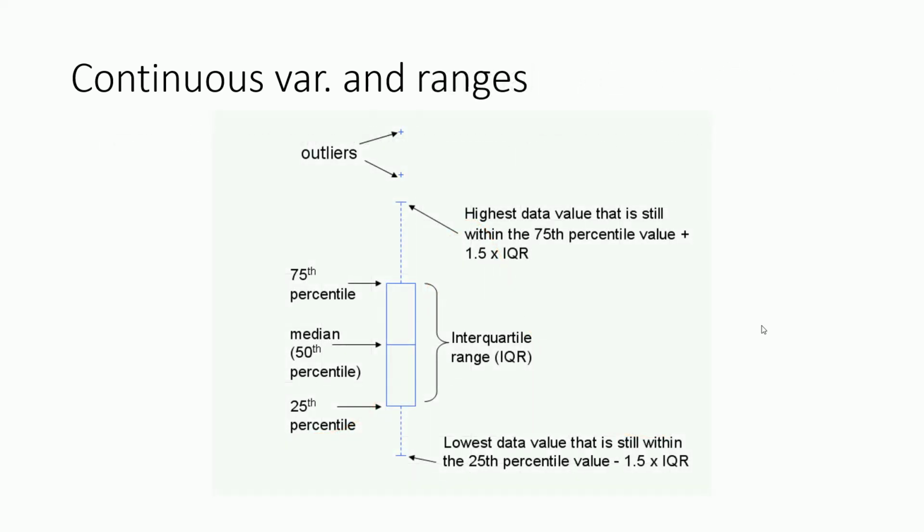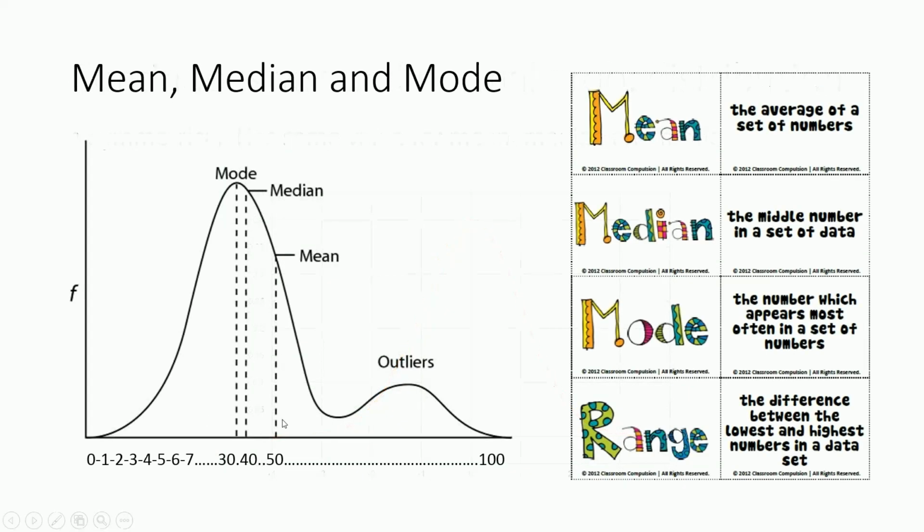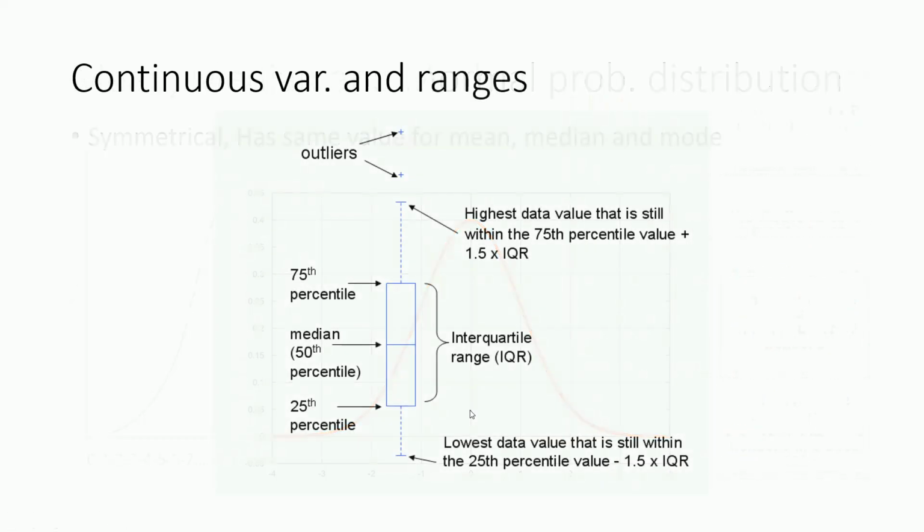One of the other ways to visualize a continuous variable is to draw this box plot. To make it simple, basically it consists of a central box, and then there are whiskers, which are essentially the tails on both the sides. Now, all of these numbers that we're talking about in the earlier slides, for example, from 0 to 100, can be displayed in the form of a box plot.